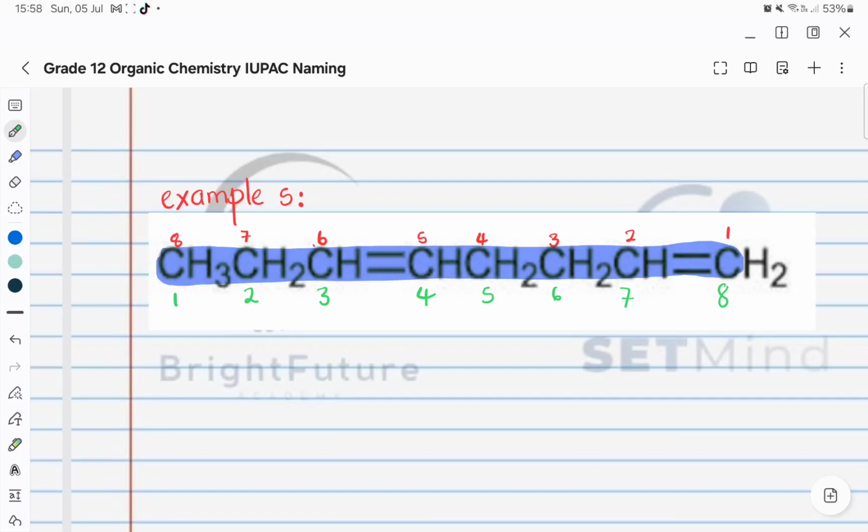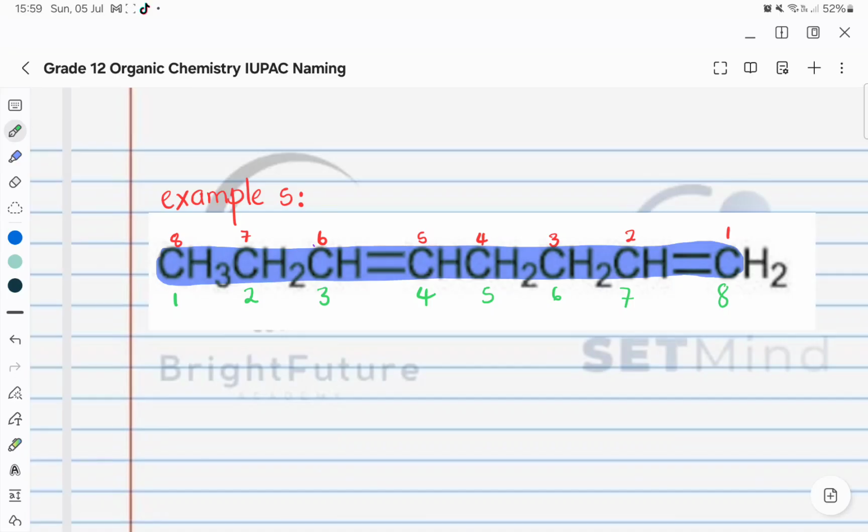So it's advisable for me to number from right to left, because when I number from right to left, the double bond is first seen on the first carbon atom, whereas when I number from left to right, the double bond is first seen on my third carbon atom.